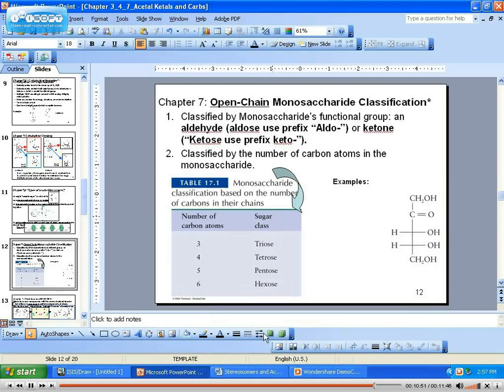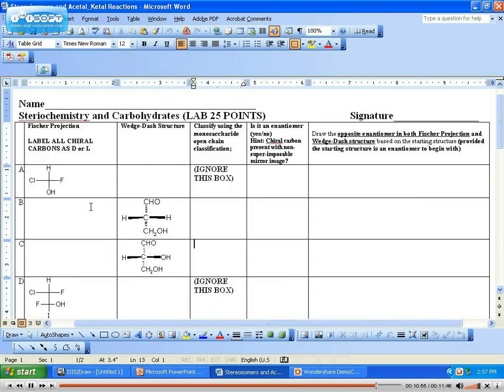Let's go ahead and apply this to that handout that I've given you. So if you take a look at, for example, B, the CHO is actually a short naming scheme for an aldehyde.